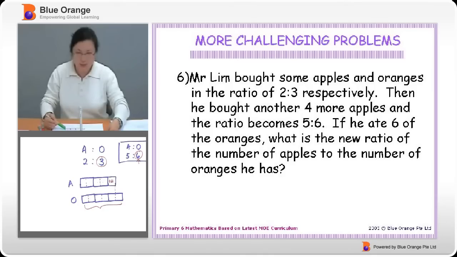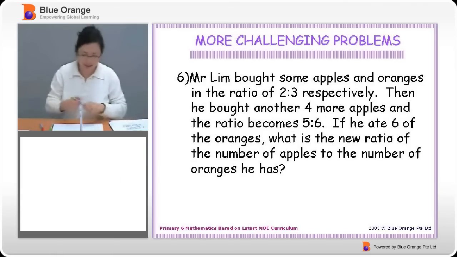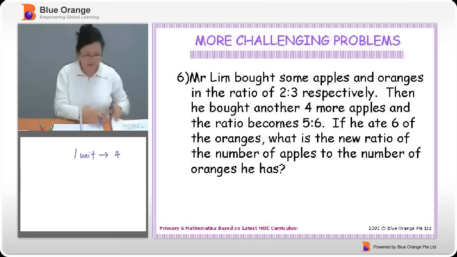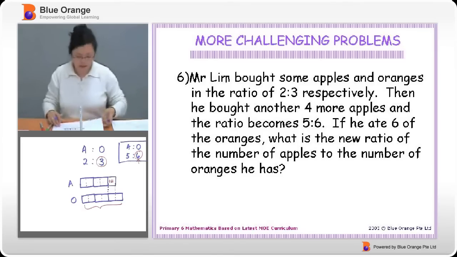From here we can find the number of oranges and the number of apples. Very simply, 1 unit is actually 4, from what we see, equivalent to 1 unit here.